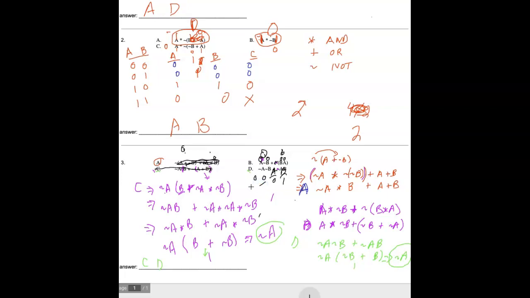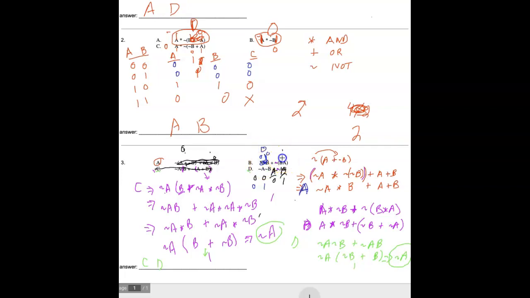So let's plug in the ordered pair 0, 1 and see if B is also possibly equivalent. I'm going to use blue for the ordered pair 0, 1, a 0 plugged in for A, a 1 plugged in for B. 0 times the not of 1, well that would be 0 times 0, which overall is 0 on this side.